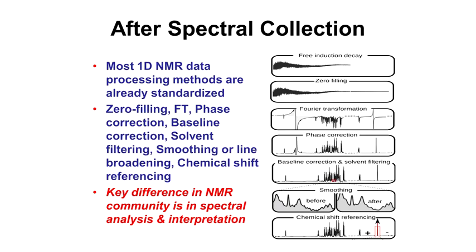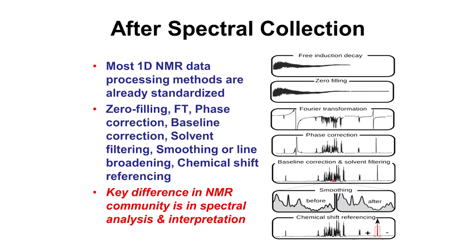With respect to spectral collection, after you've collected your 1D spectrum on the spectrometer, there are some pretty standard methods, beginning with the free induction decay. Zero filling is important. It helps. Doing proper phase correction, baseline correction, solvent filtering to get rid of the water, smoothing or line broadening to reduce the noise, getting the proper chemical shift referencing.